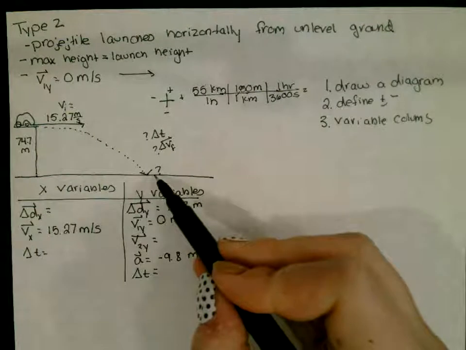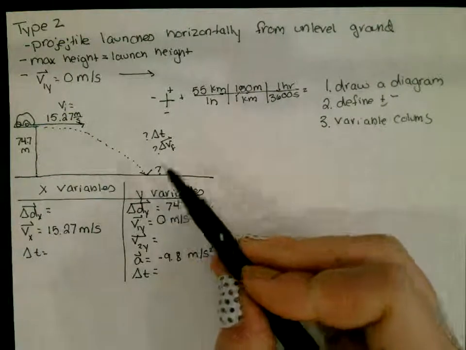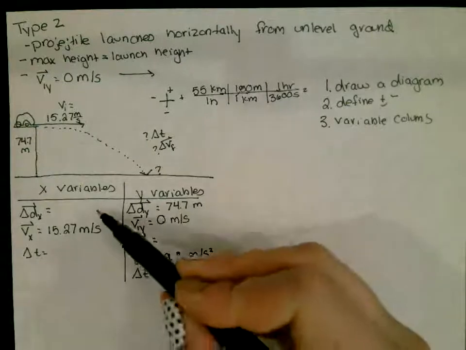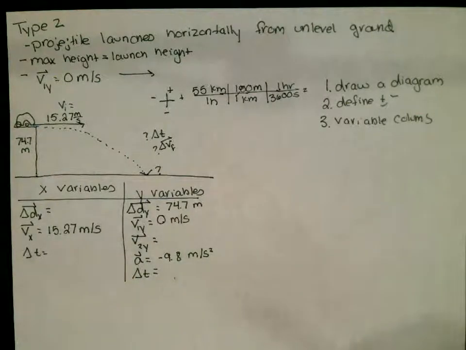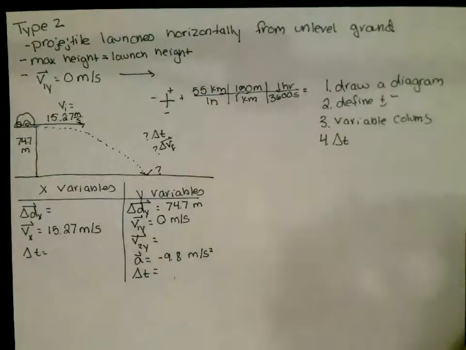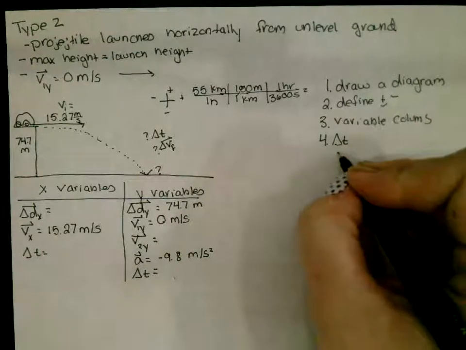And up here, I said I was looking for my range, my change in time, and my final velocity. Those are the three variables I have empty here, so I've labeled everything I can. After that, I'm going to look for my change in time, and I'm going to use the same equation I used last time.